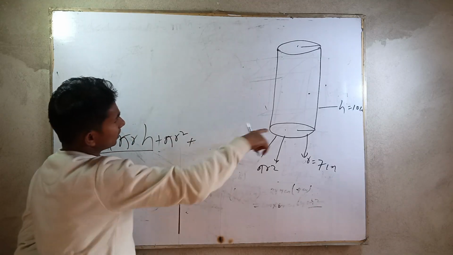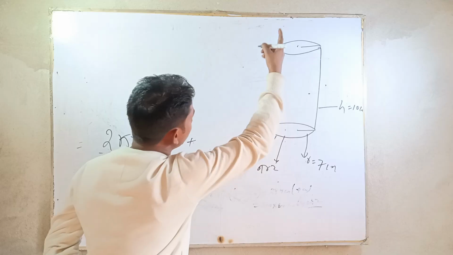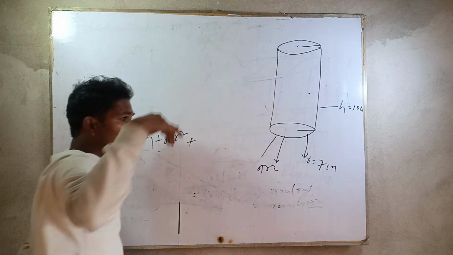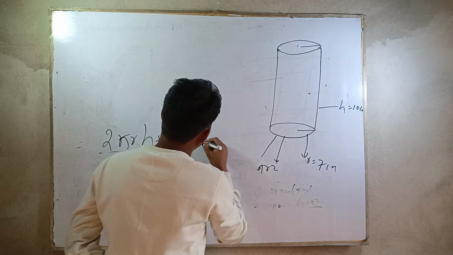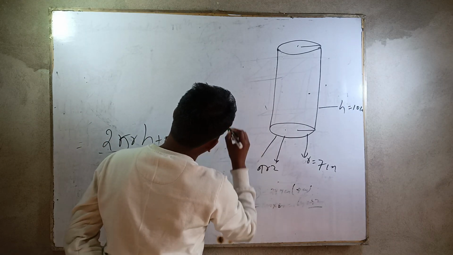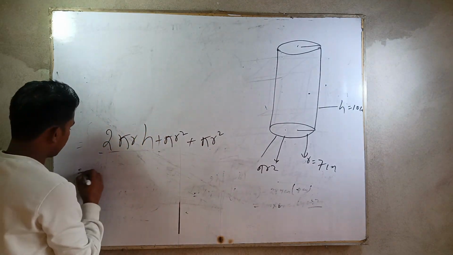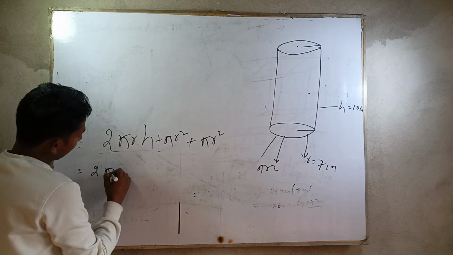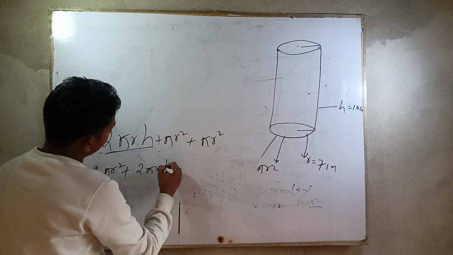Next, lateral surface area. And the third one is the upper side, because there is also a figure like a circle, so I also paint the top side. So there are two circles, so I need to write 2 pi r square, and this one is 2 pi r h.